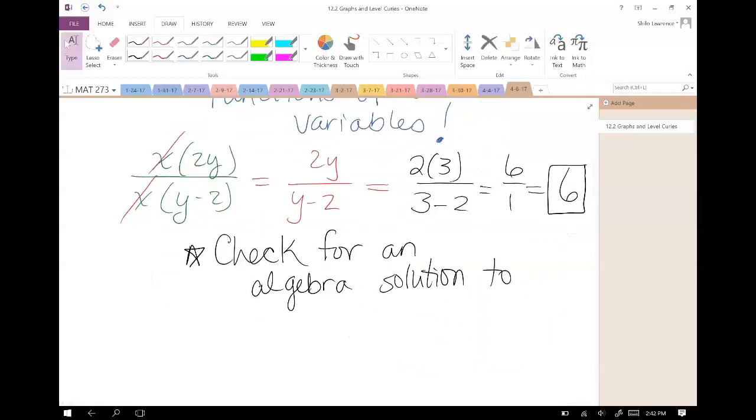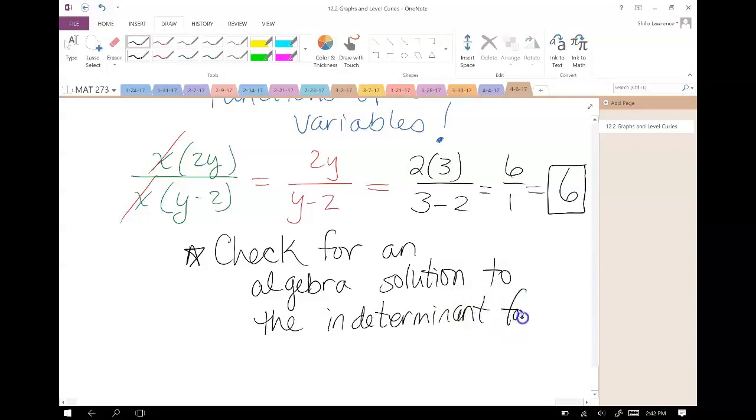So what we did here is we checked for an algebra solution to the indeterminate form. Zero over 0 sometimes, not all the time, but sometimes means that there's a common factor.